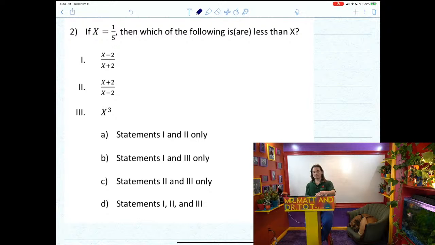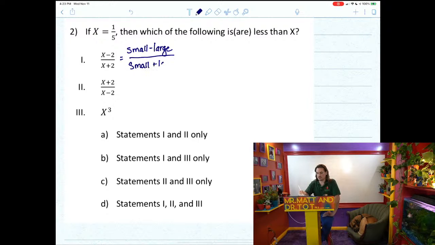So we could plug in 1/5 and evaluate here, but notice that in the numerator, for statement number 1, we have x minus 2 when x is 1/5. That's going to be a small number minus a relatively large number, over a small number plus a relatively large number.